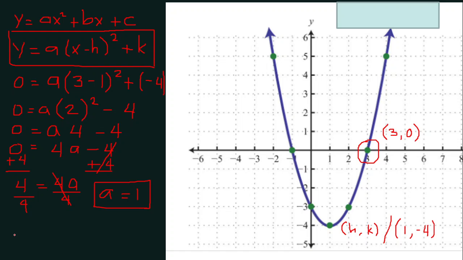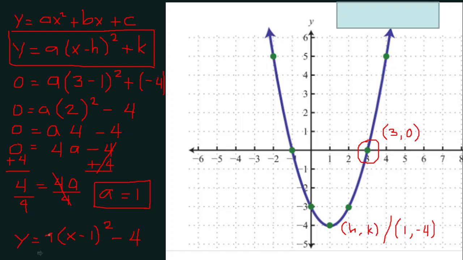So our quadratic equation will be y is equal to a, that's 1, times x, our h is positive 1, so x minus 1 squared, plus, but since our k is negative, let's just change this to negative, minus 4.